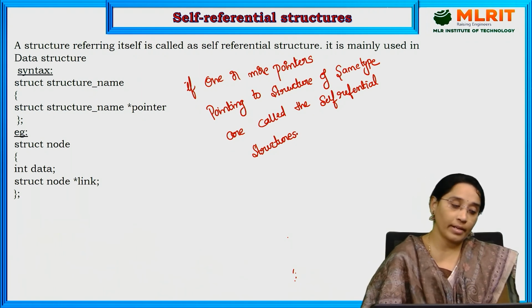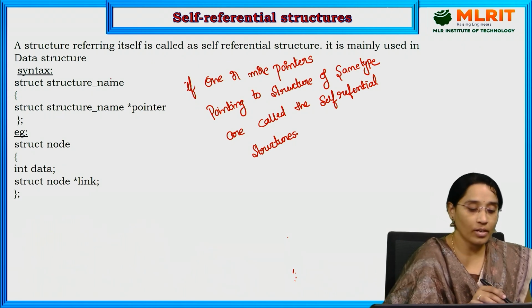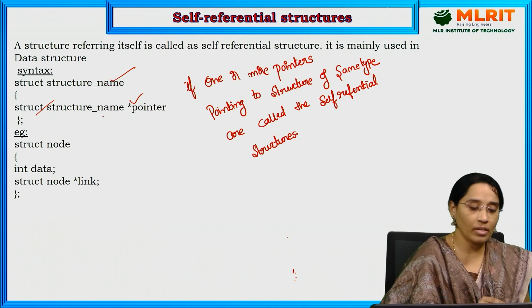So this is the syntax of self-referential structures. Struct structure name, pointer. So the members of the structure are declared here.